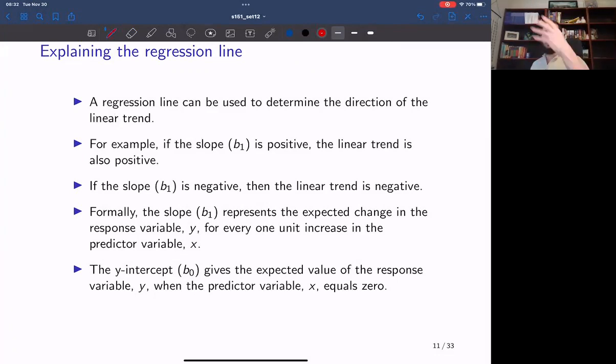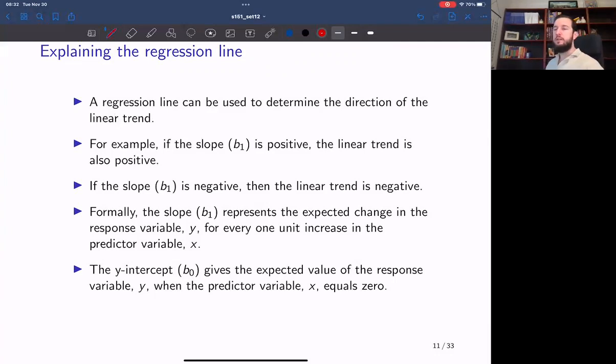So we can have a positive relationship or we can have a negative relationship. The slope will have the same sign as that relationship. So if the slope is positive, that indicates that the trend is positive. If the slope is negative, that indicates that the trend is negative as well. Okay, so the slope basically just reflects whether the line is going up or whether the line is going down.